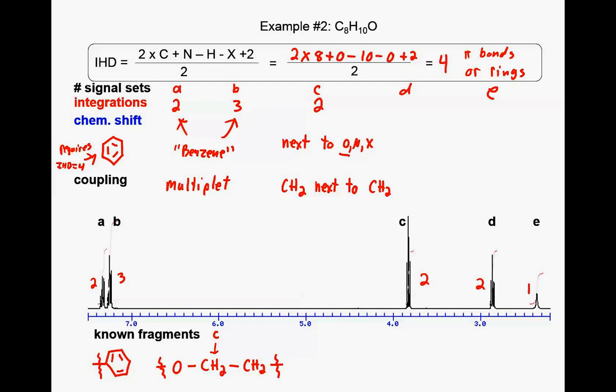If this is a CH2, and then this is a CH2, well, certainly we would expect this to not be a singlet, right? Because it's going to be split by these protons. So do we have another remaining peak that's not a singlet? Yeah, D. We look at peak D, and we can see that it's split into a triplet. Does that make sense for this being D? Yeah. That also tells us, are there any other protons over here?